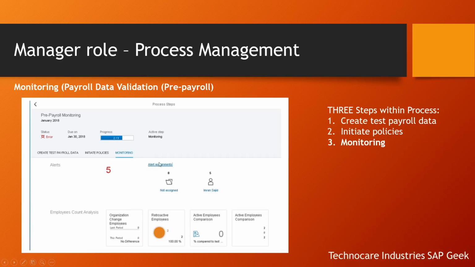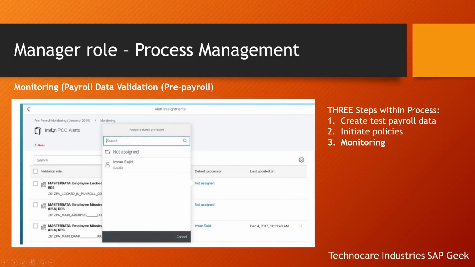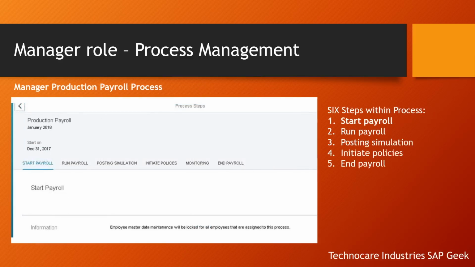You can also go to alert assignments to check the overall list of alerts that were generated, and then individually go and assign them to different administrators. Okay, so now, one more thing I wanted to show you. So that was an example of a 3-step process, right?